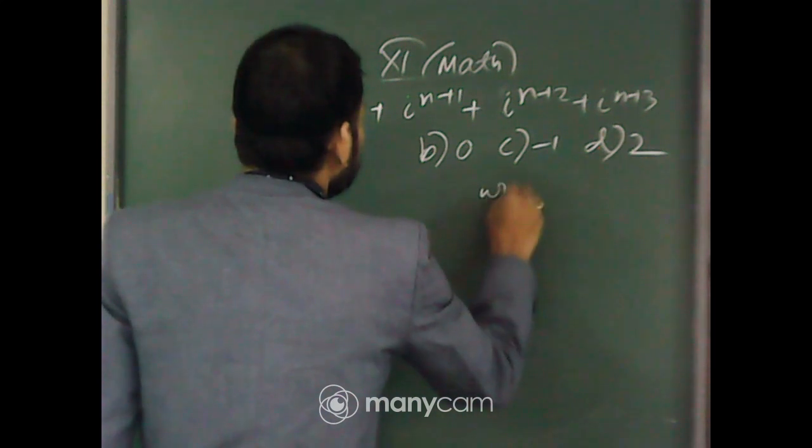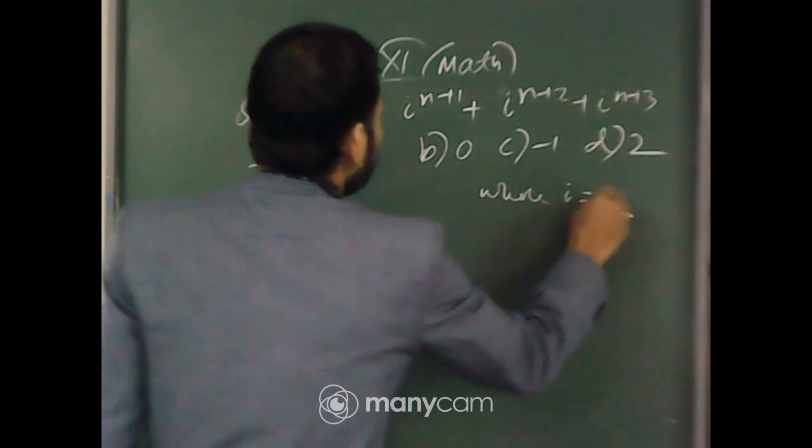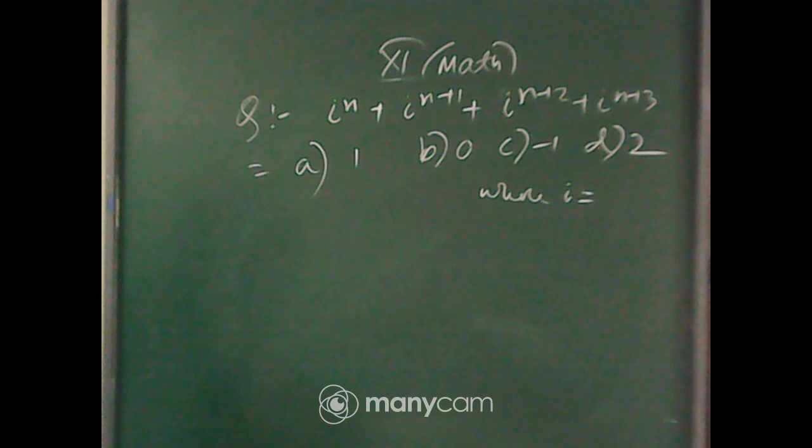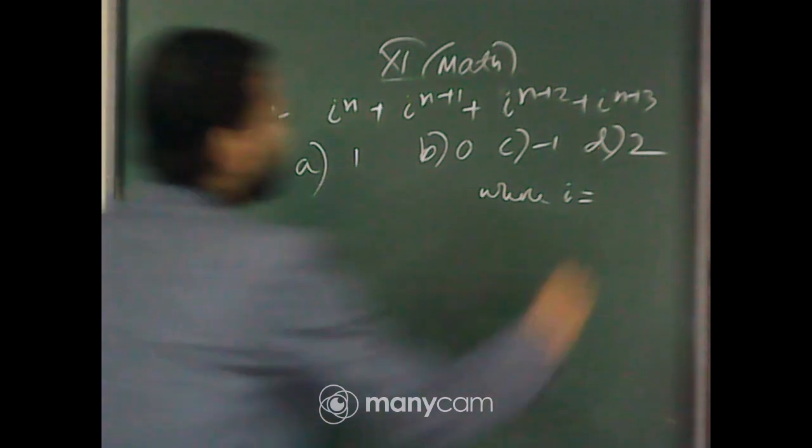Where you know that I equals root over minus 1 and n is a positive integer.